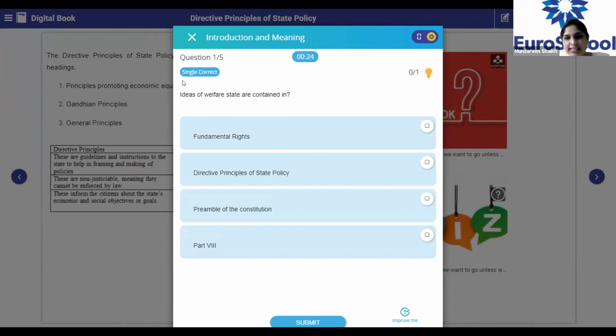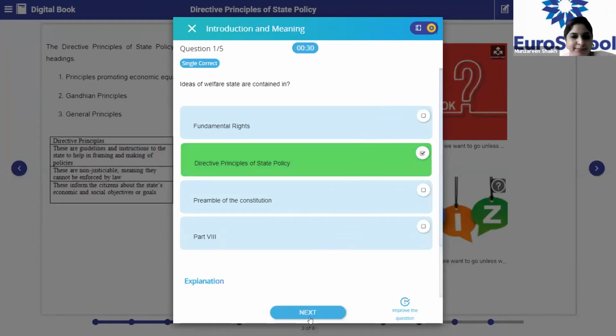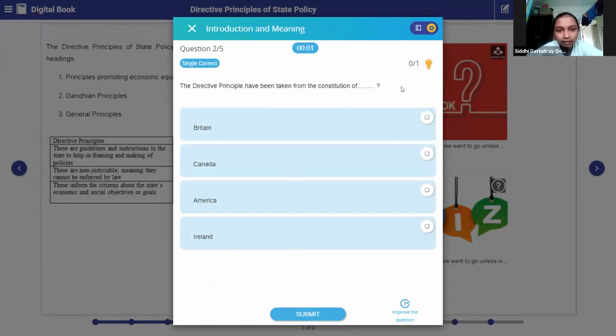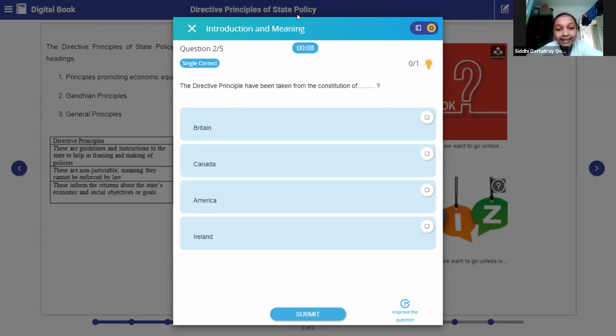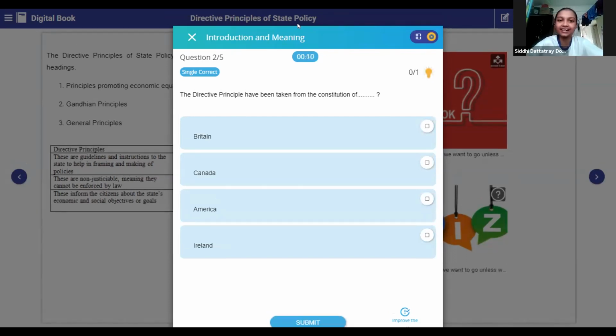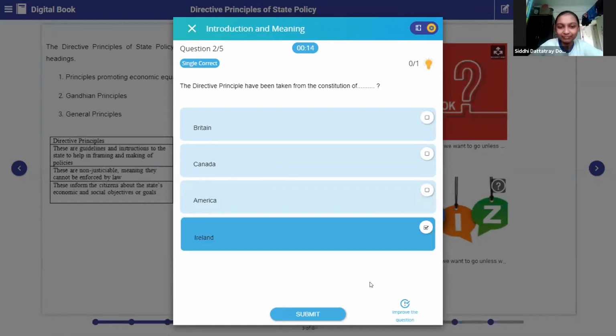Let's click on that. Next question. The directive principles have been taken from the constitution of dash. Which country? Ireland. Excellent. Very good, Siddhi. Keep it up.